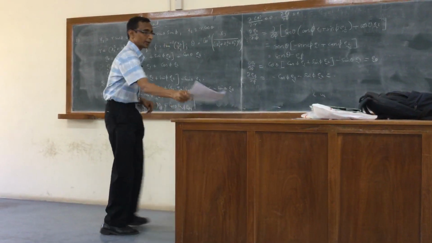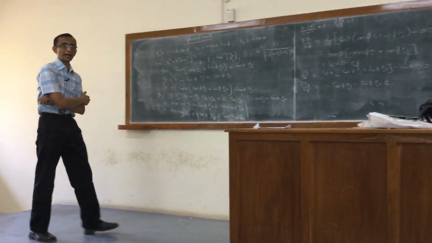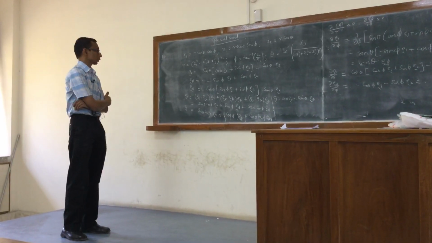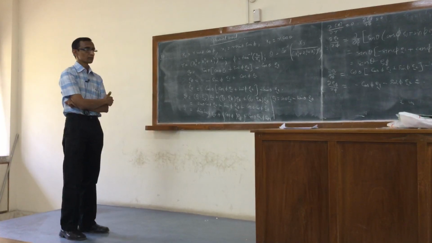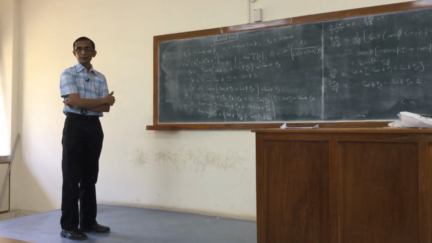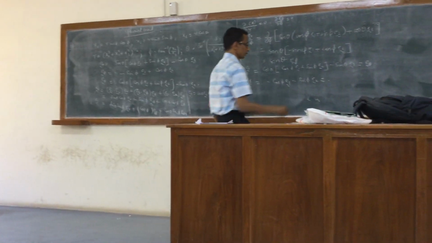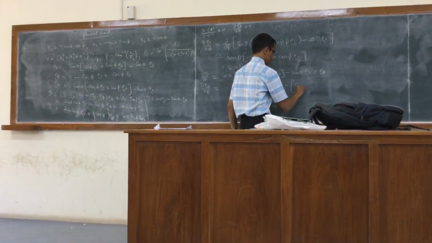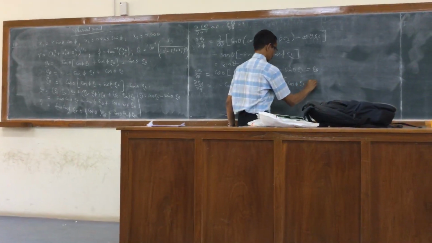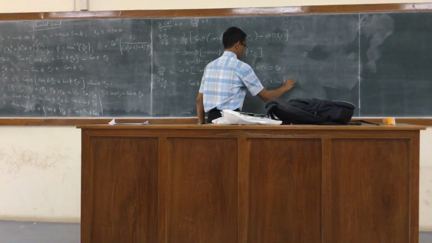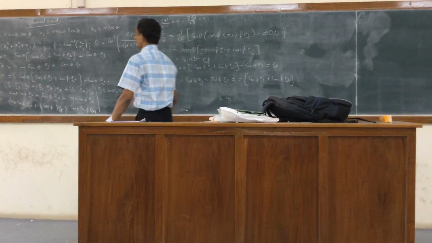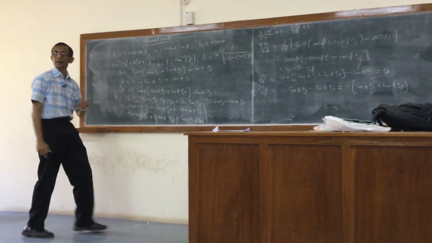Now, how are we going to express this? Is probably the question you had, right? How are we going to express this in terms of? So this is clearly minus of... so I get this group of terms here, right?